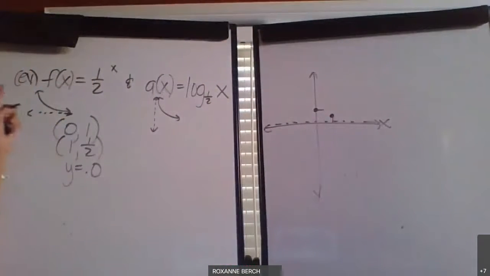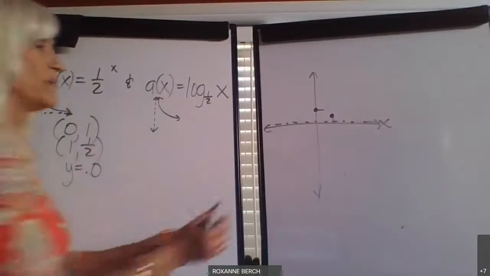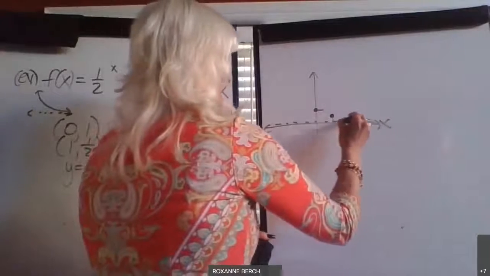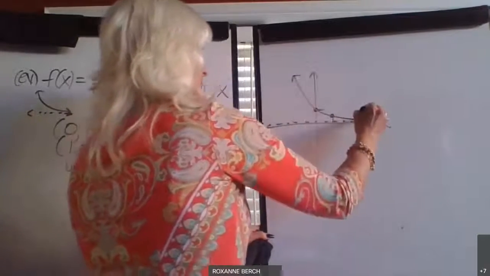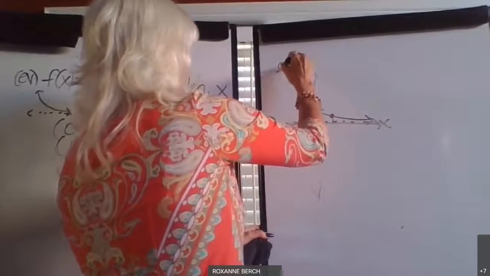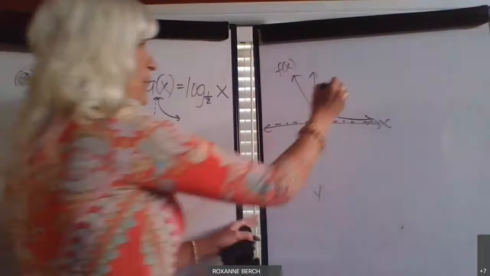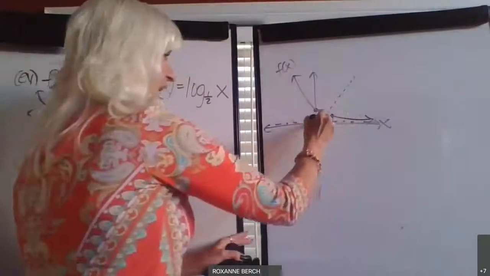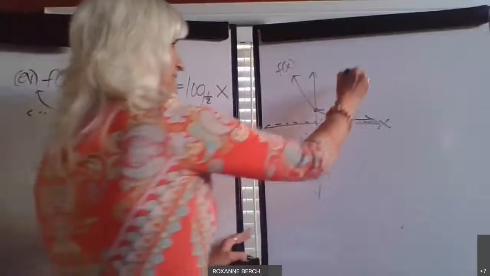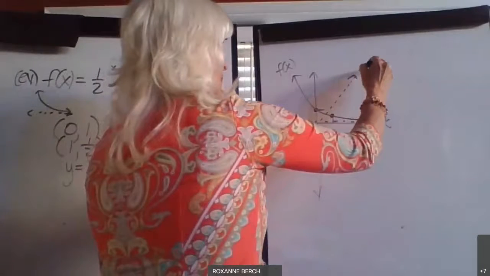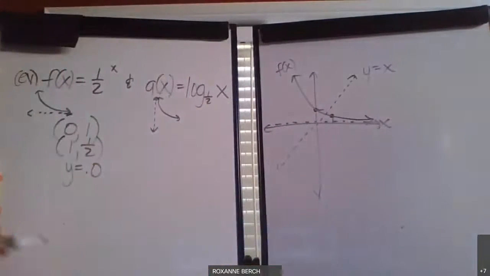And like I said, because this is decay, it's going to be falling along the x-axis. Now, when I talk about this like I am today, I like to draw the identity. The inverses flip over the identity. So look, parent points for the exponential decay.